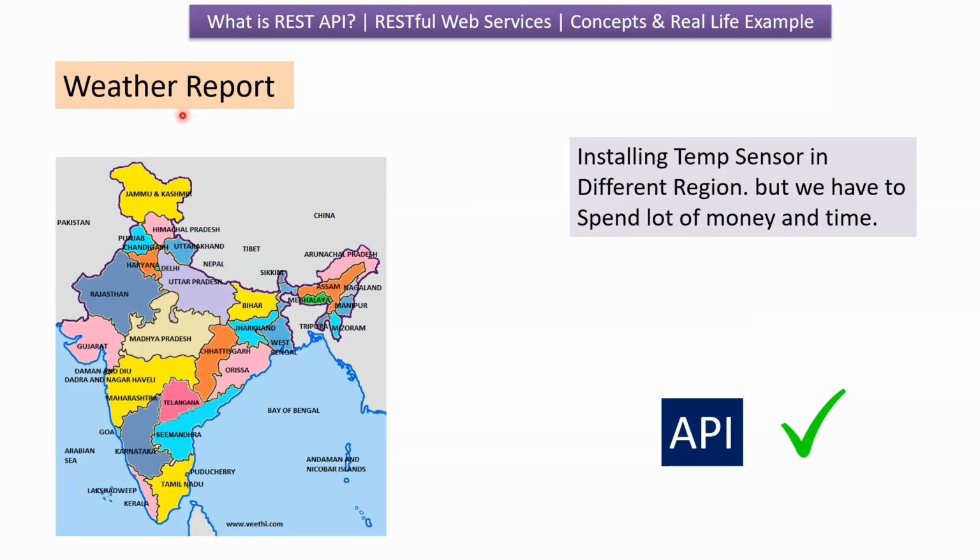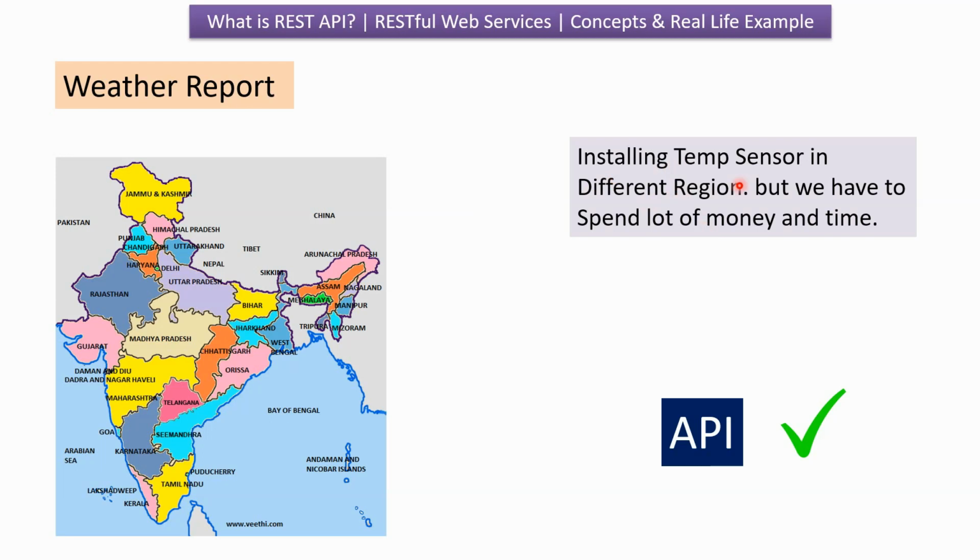Suppose you want to build a weather report application which will display the temperature of different regions across India. What we can do is install temperature sensors in different regions, but we have to spend a lot of money and time. That is not good.